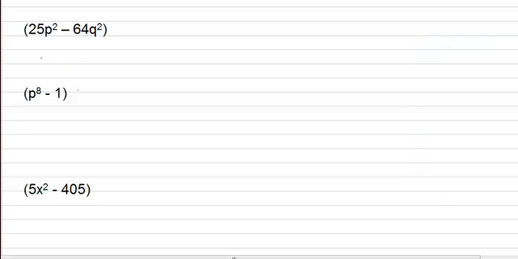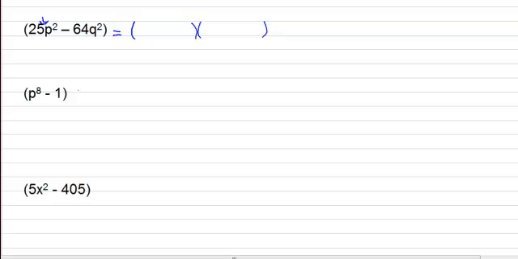So we look at this one and we see, again, we're always looking for, are they perfect squares? 25 is a perfect square, p squared is a perfect square, 64, q squared, all perfect squares. We look for a greatest common factor. We don't have the same variable in either term. And 25 only has factors of 5, and 5 doesn't go into 64, so there's no GCF. So we get done all of our prep work, and we put down our double paren. Square root of, and again, we're just going to look at each thing step by step.